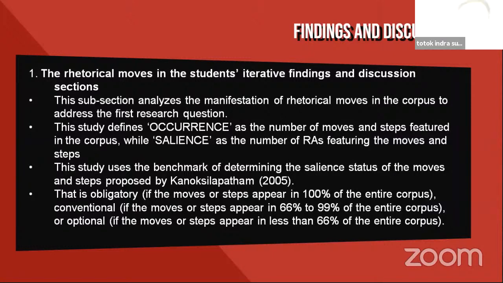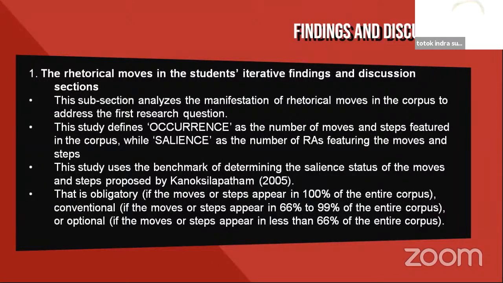This study used the framework for determining the status of moves and steps proposed by Kanoksilapatham. According to Kanoksilapatham, there are three levels. The first level is obligatory. How can we say that something is obligatory?